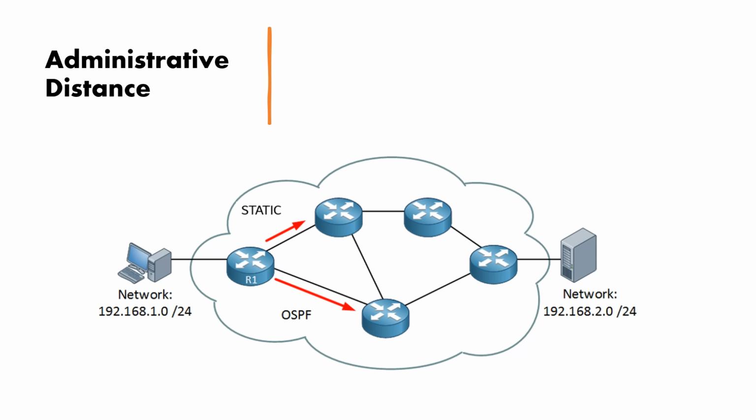So you can see the connected interface. For example, a router has one or two or three interfaces. They are always preferred. That's why the distance is 0. And the next is static route. So if you have multiple options, it will choose based on the AD value.